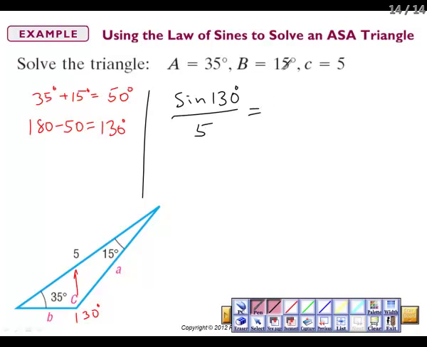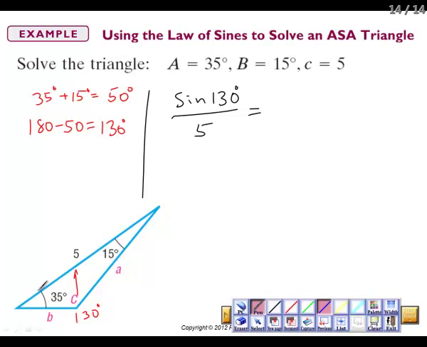Really at this point it doesn't matter if you're looking for side A or side B. Now students sometimes have some difficulty trying to figure out what the opposite side is. Well, first of all, the opposite side is not adjacent. It's not touching.